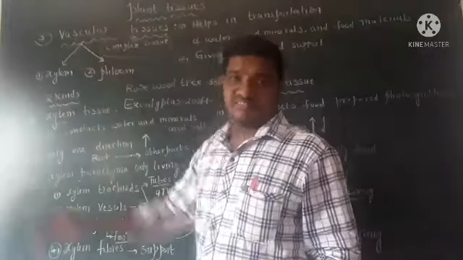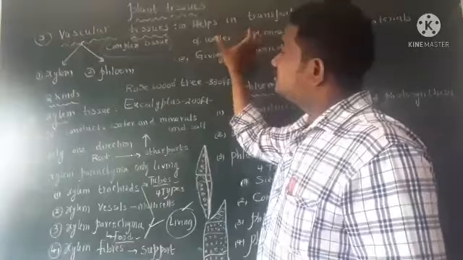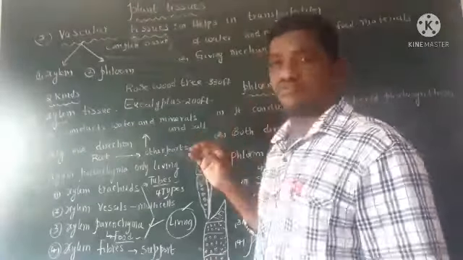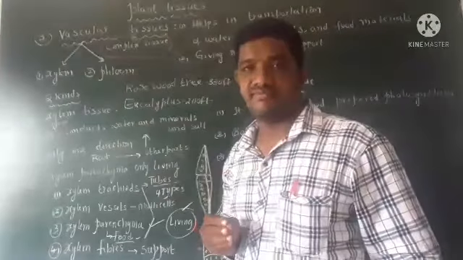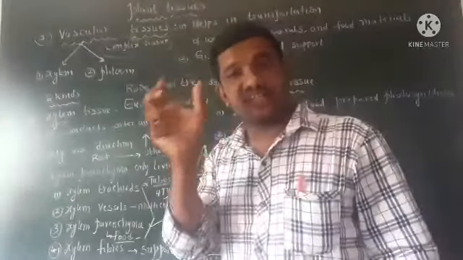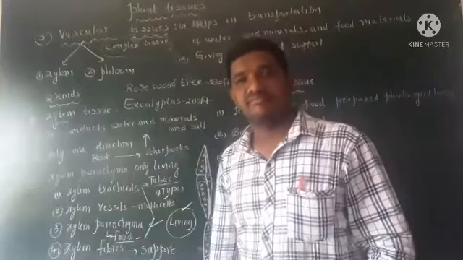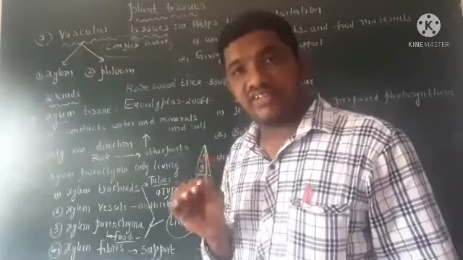Vascular tissue means it helps in transportation of water and minerals and food material from one place to another place within the plant. Those are called vascular tissues.